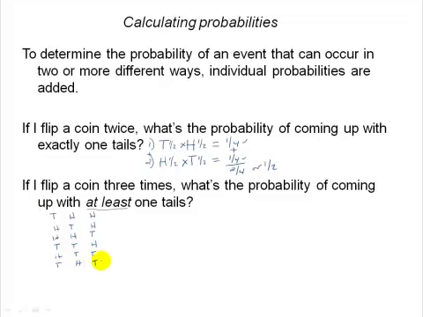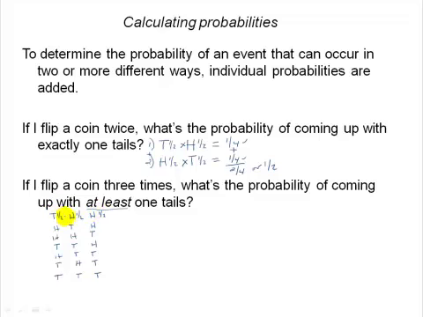That would also satisfy having at least 1 tails. And then finally, if we had tails, tails, tails, that would also satisfy the outcome that was desired of at least 1 tails.